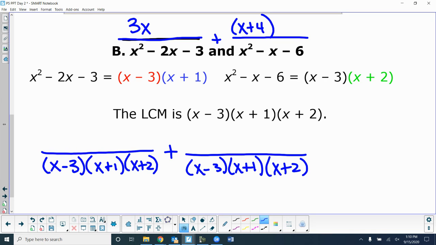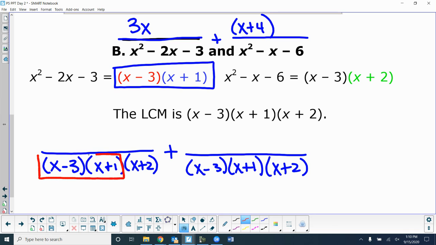So I have to rewrite this fraction with that denominator, and then I rewrite this fraction with the same denominator. That's the next step. All right, so look at the original. Here's the original denominator.